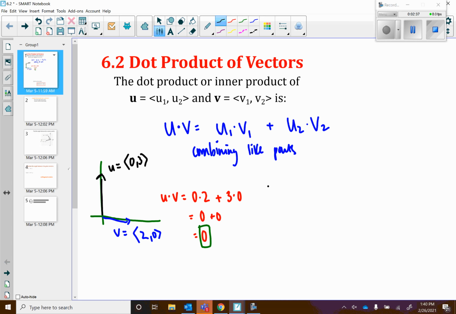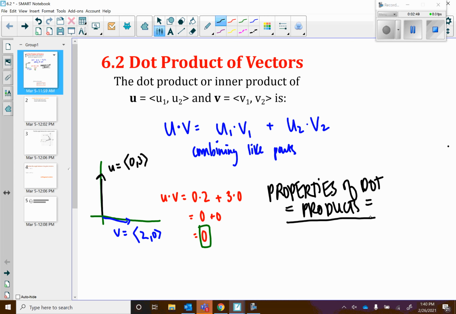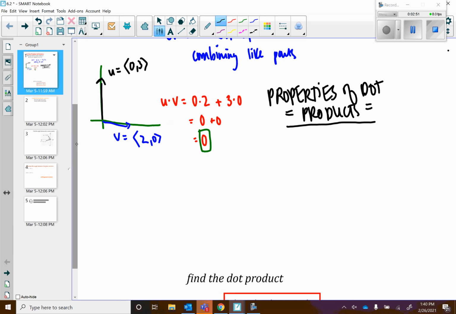Let's talk about some properties of dot products. So the first is that a dot product is commutative, which means u dot v is the same as v dot u.